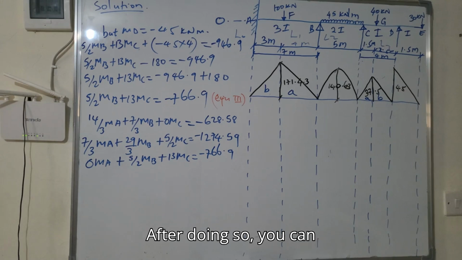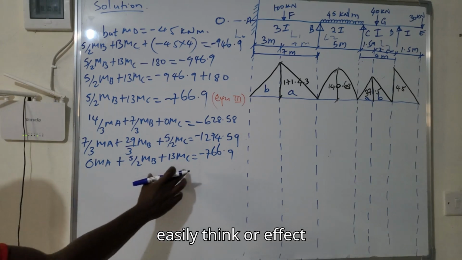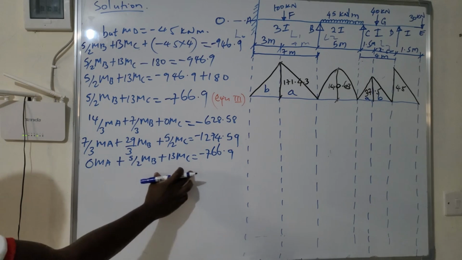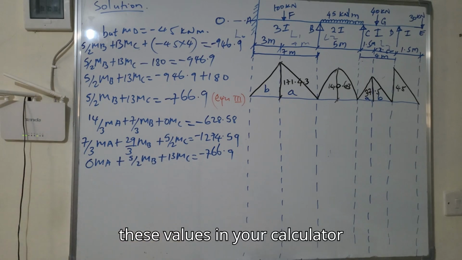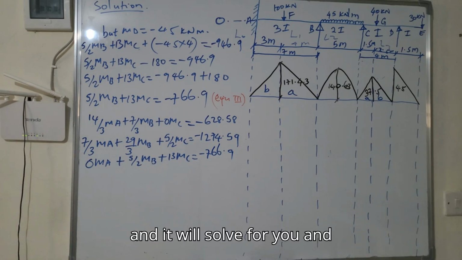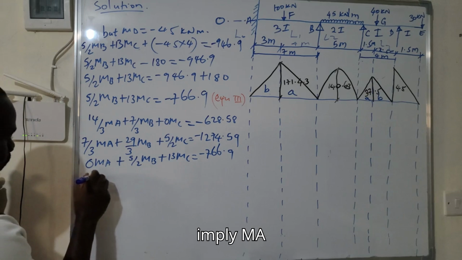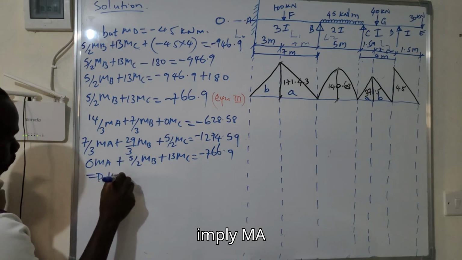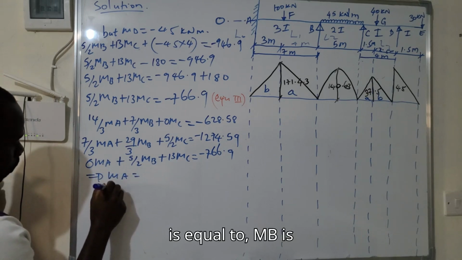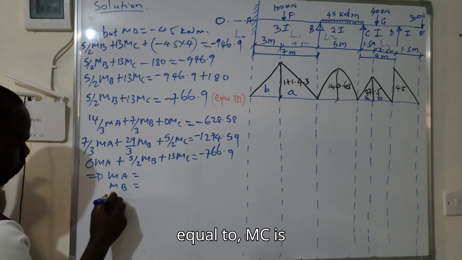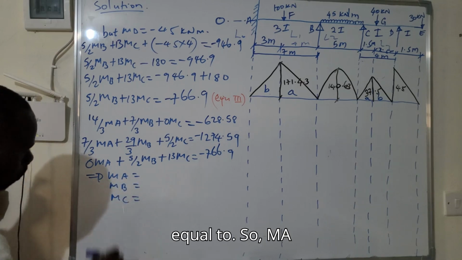After doing so, you can easily feed these values into your calculator and it will solve for you and give you the three unknowns. So this implies MA is equal to, MB is equal to, MC is equal to.